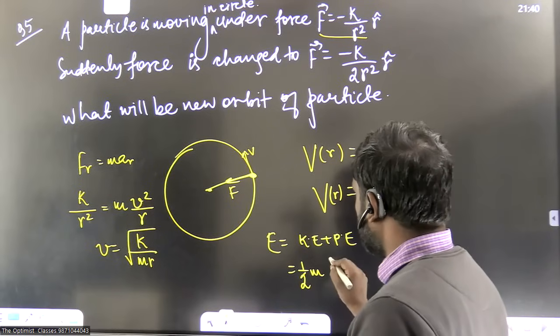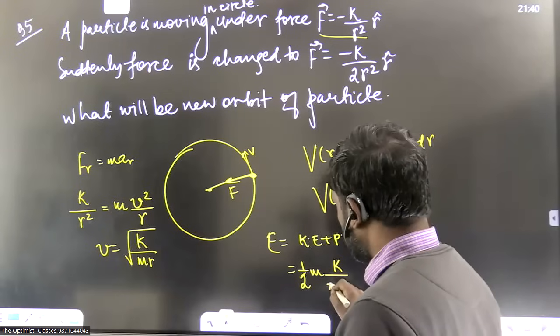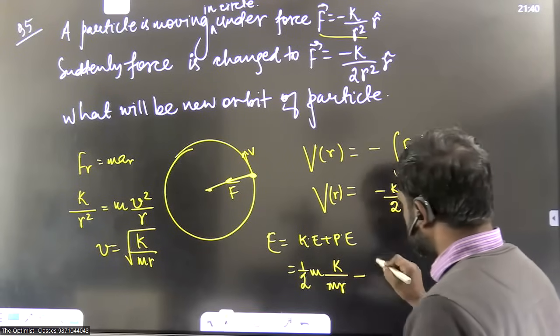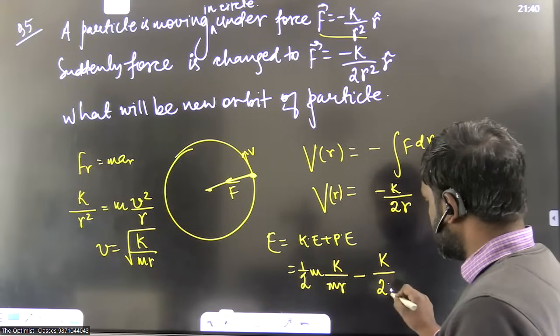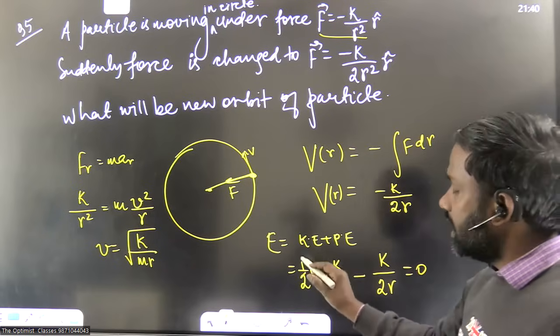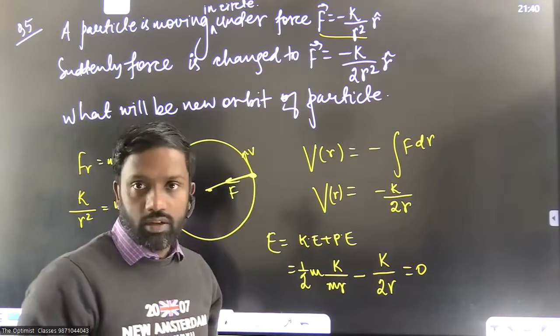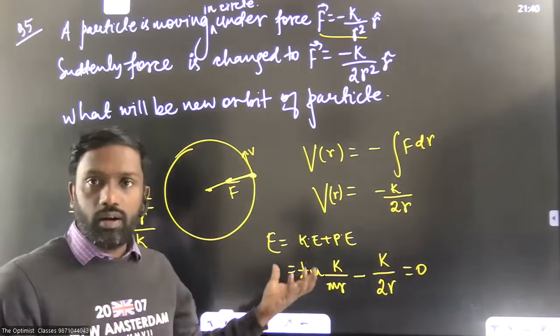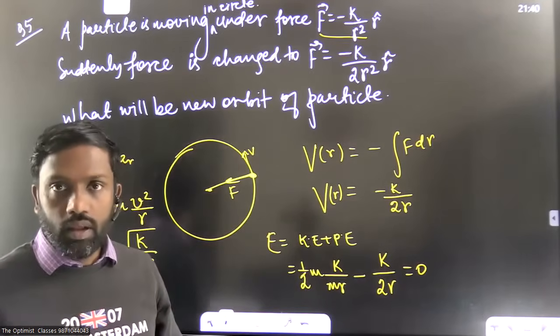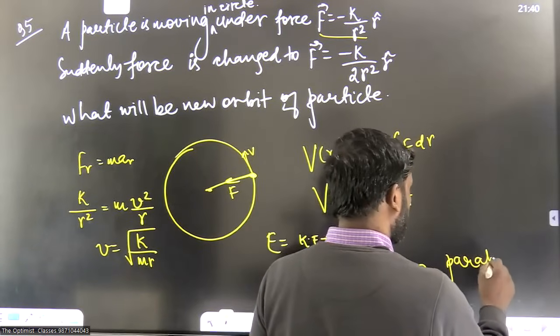So half m v square, you use this velocity, you will get here k upon m into r. And potential energy is this, k upon 2r. You can see here m cancels, so you get k upon 2r minus k upon 2r, that is 0. So when energy is 0 under Kepler potential or 1 by r potential, path is parabolic. So the orbit is parabola.